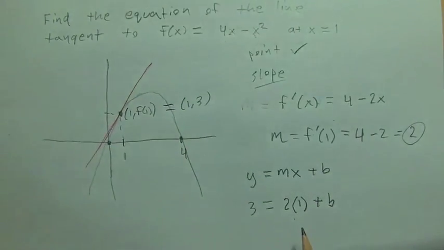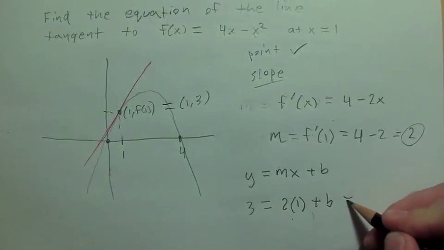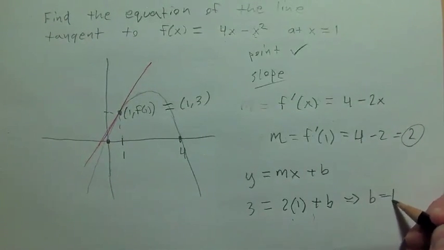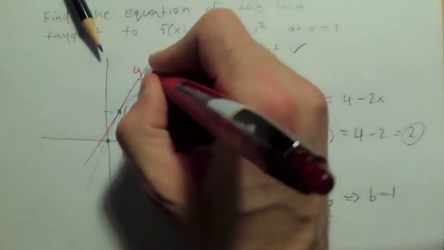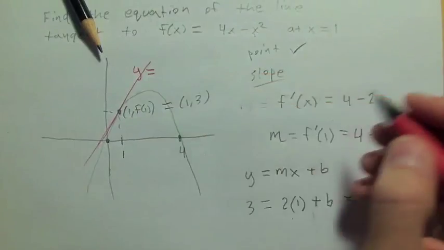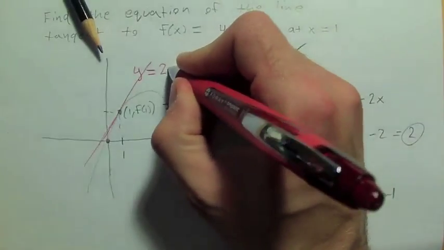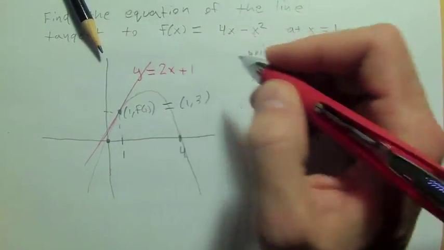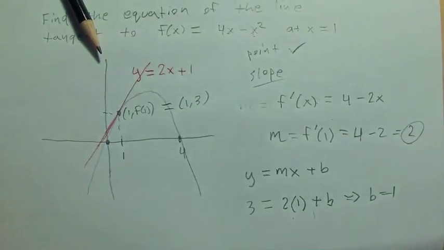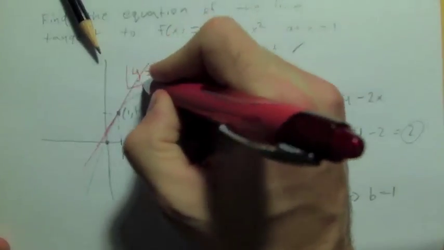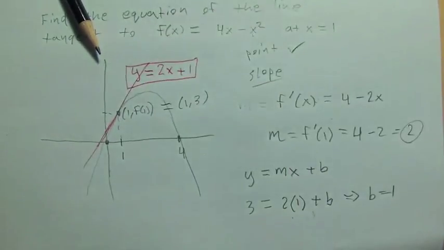It's just a matter of moving 2 over to get that b is equal to 1. So the equation of this line is y equals 2x plus 1, which looks about right. My graph isn't exactly to scale, but it looks about what we would expect.